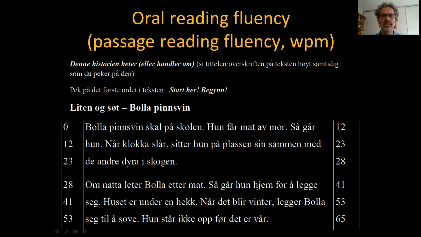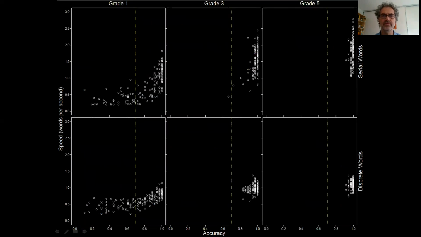Let's look at some data that highlight some of the differences between these two kinds of tasks. Here you can see data from 3 grades: grade 1, left column, grade 3, middle column, and grade 5, right column. As they read isolated single words, so discrete words, on the bottom, and word lists, so serial words, top row.